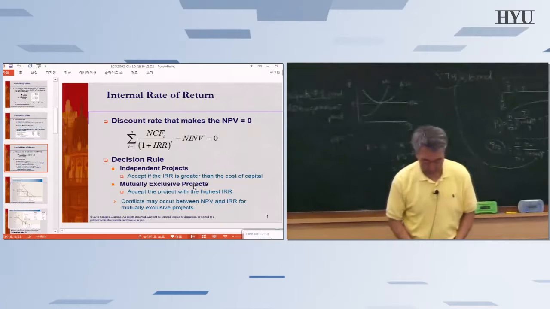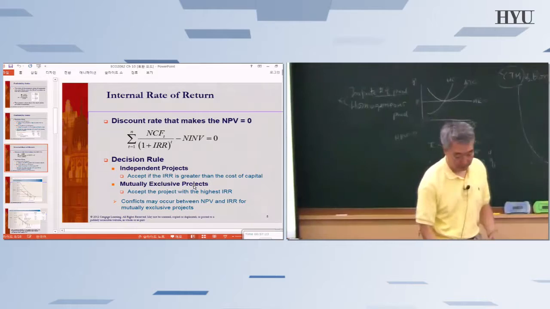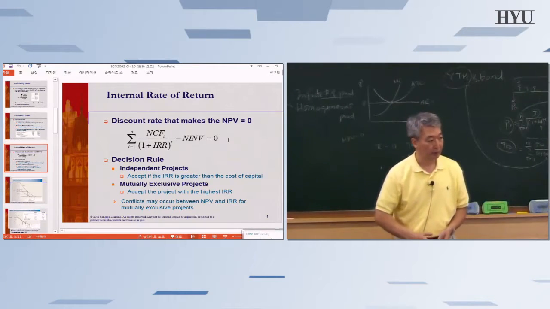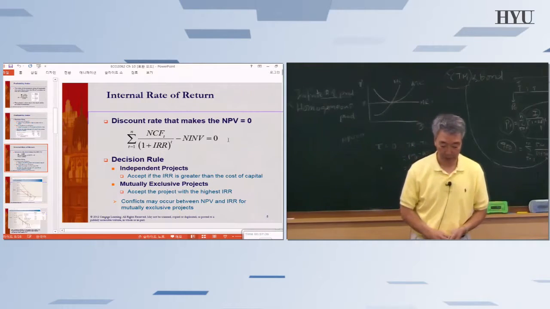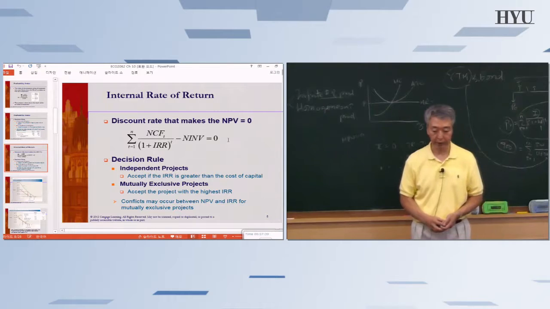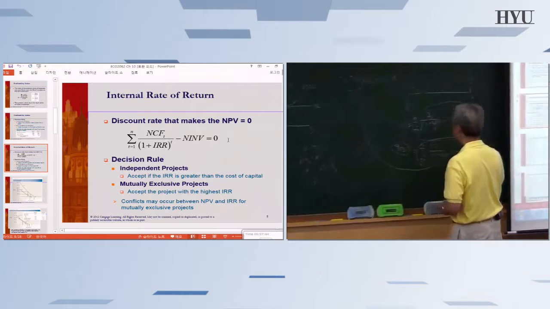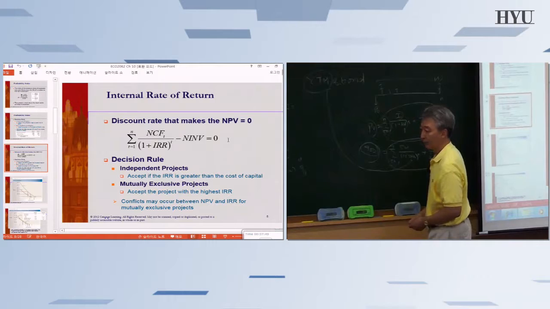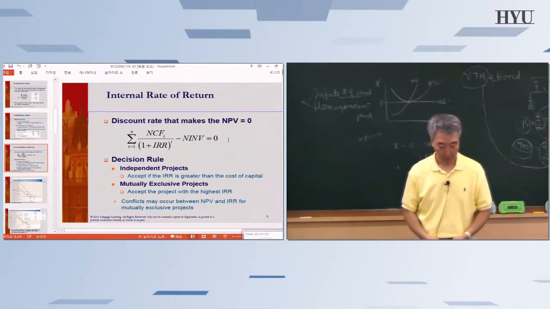You can say this is the left-hand side and this is the right-hand side, because you can bring it over here, and then you can solve it for IRR. Again, that's the discount rate which makes the present value of the future cash stream equal to the initial investment. How do you do that?